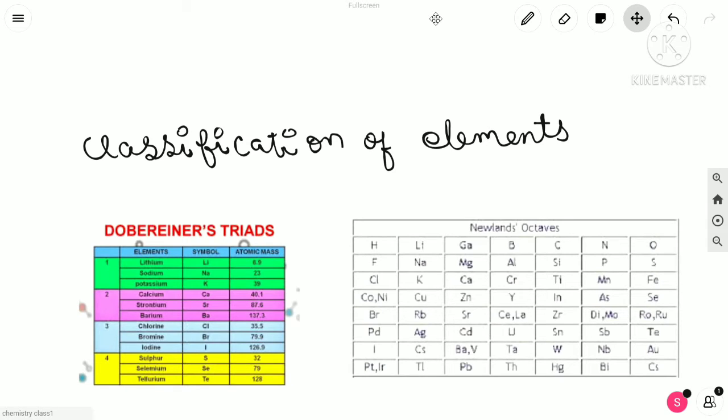And again, we have Newlands' law of octaves, which is a very good, close theory to what the modern periodic table is based on. But he did not consider the possibilities of other atoms.